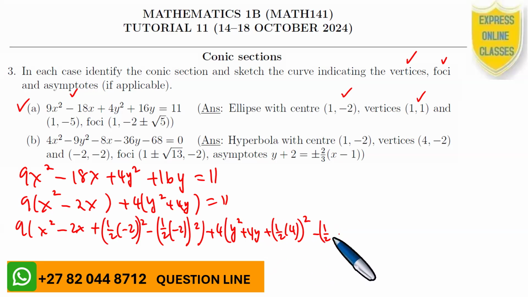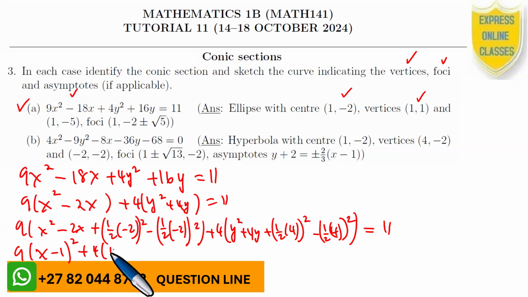All of this is equal to 11. So you have 9 times (x minus 1) squared, plus 4 times (y plus 2) squared, then 11.